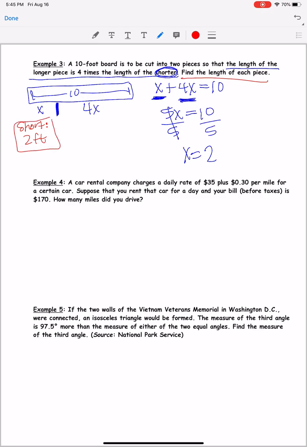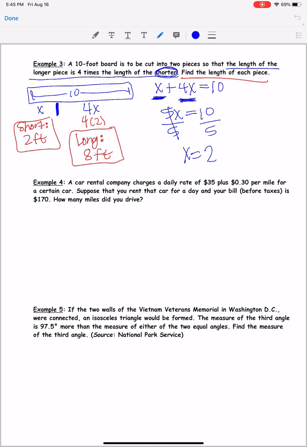And then this longer piece, that's going to be 4 times 2, since again, x is 2. So you've got 4 times 2, which is 8. So the long piece is going to be 8 feet. And again, check your work. Does 2 plus 8 give me 10? Yes, it does. So I know we solved that correctly.